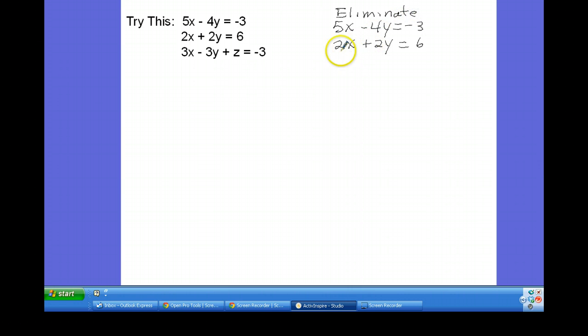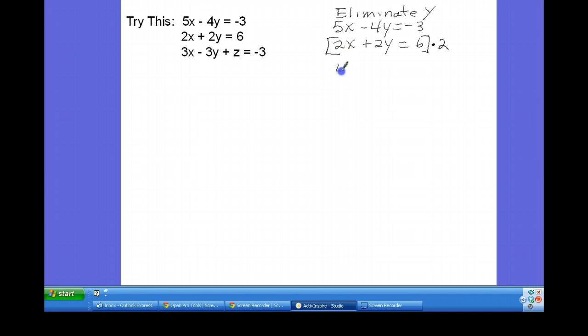Let's take a look. Well, 2 doesn't go into 5, but 2 does go into 4. So that's going to be the easiest thing for us to do, is to eliminate the y's. It'll take less multiplying. We can do it by multiplying the bottom equation by what? We want to get a positive 4 and a negative 4. We already have a negative 4. To create a positive 4 in this one, I'll multiply everything times 2. So the bottom equation times 2.